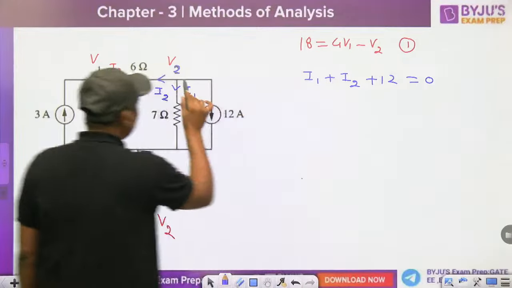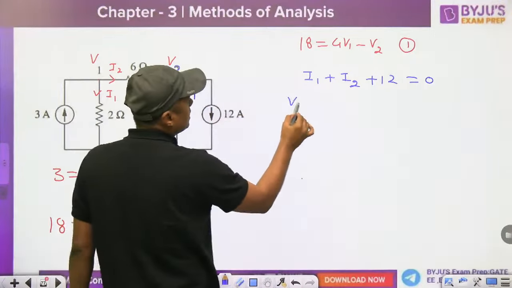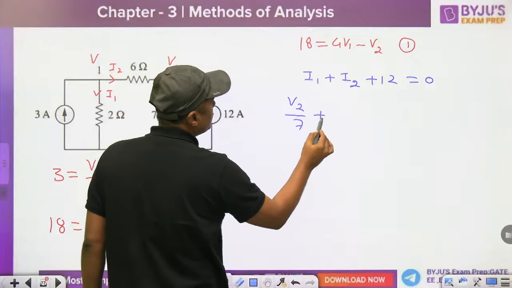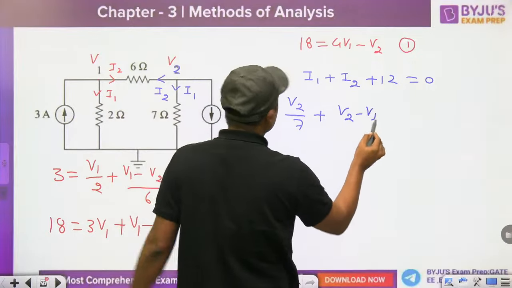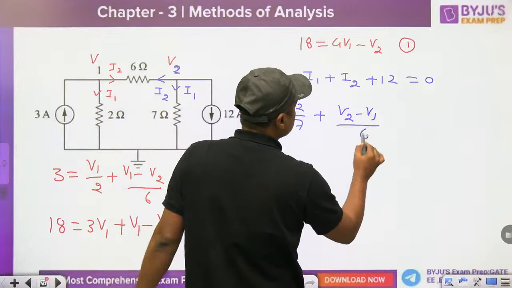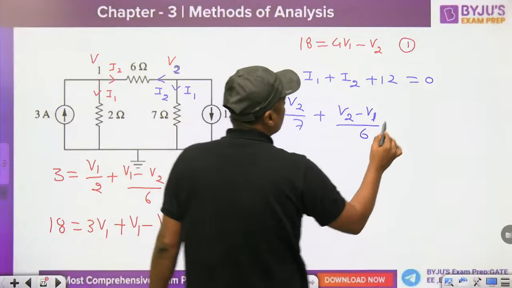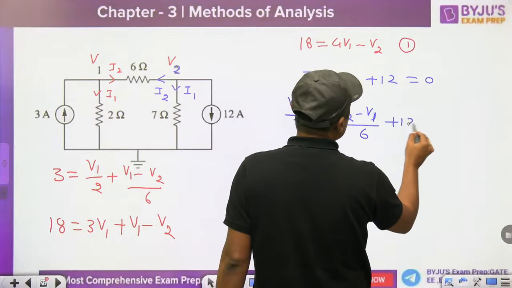What is the I1? V2 minus 0 by 7. That is V2 by 7 plus V2 minus V1 by 6, plus 12 is equal to 0.